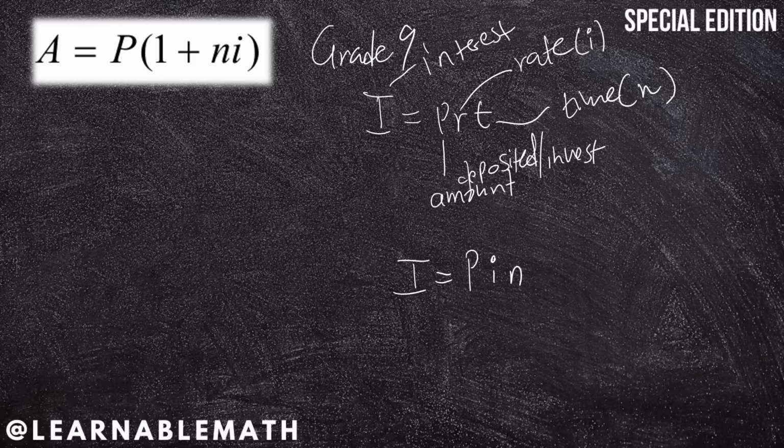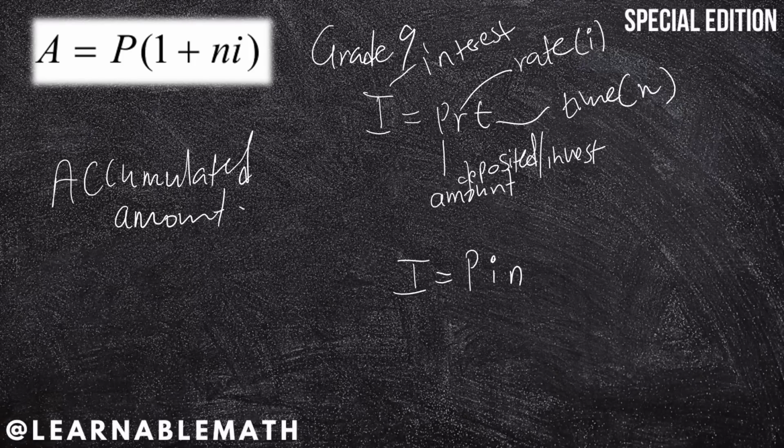You now go to grade 10, where you're introduced to this idea of the accumulated amount. What happens now is that not only do we need to know how much interest I will get, but I'm quite interested in understanding what is the total amount of money I will get when I invest this much, right?